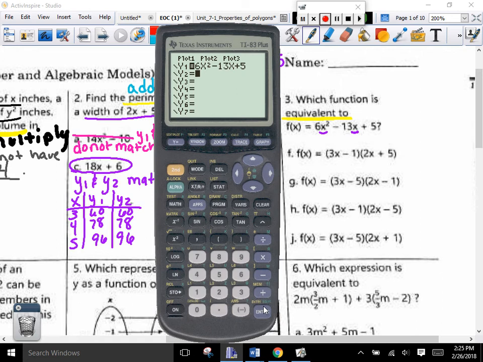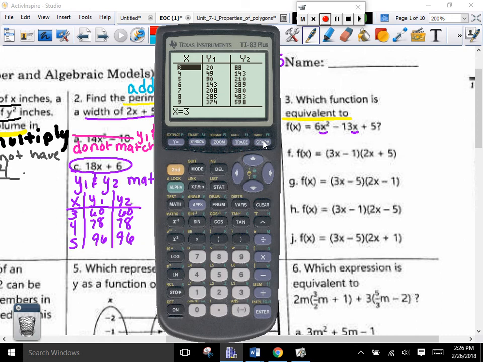Remember to put answer choices exactly how you see them. So parentheses, 3x minus 1, close parentheses, parentheses again, 2x plus 5. That's exactly how it looks on my problem. Then second button, graph, and I'm going to check to see if y1 and y2 match.